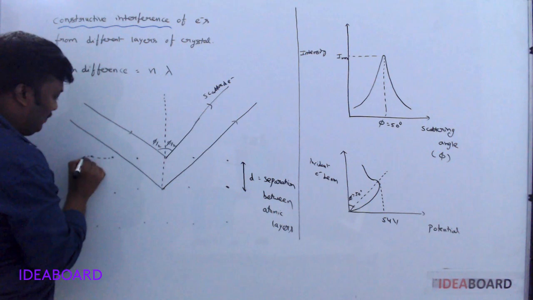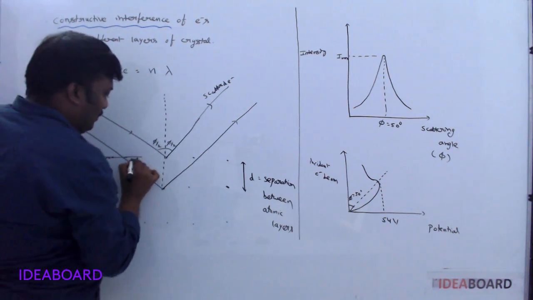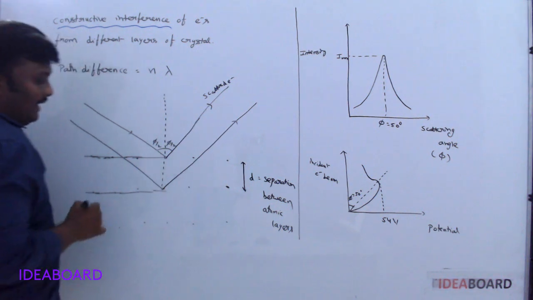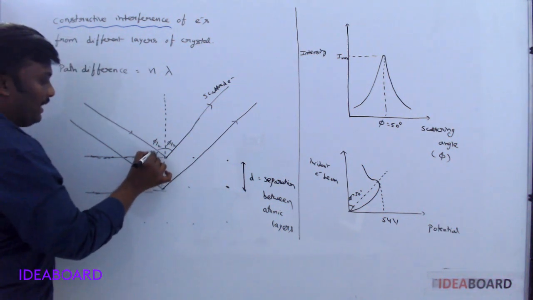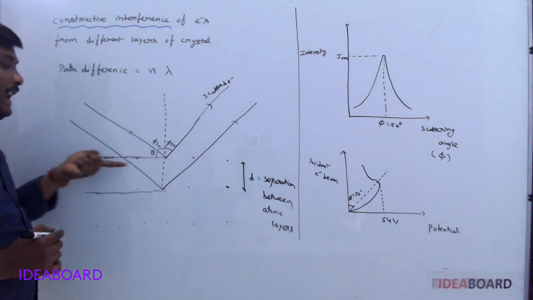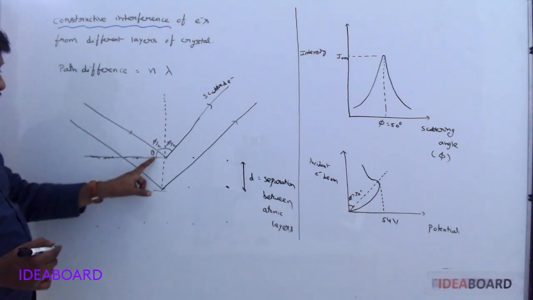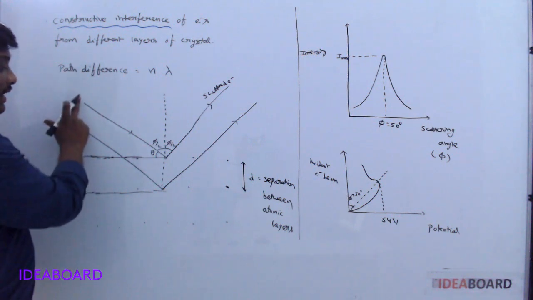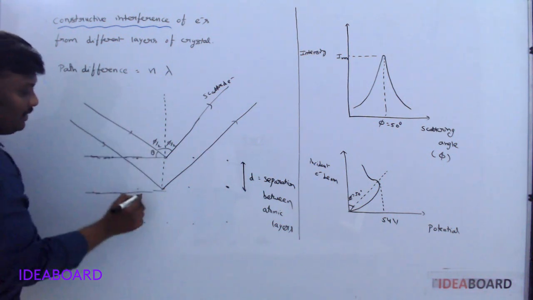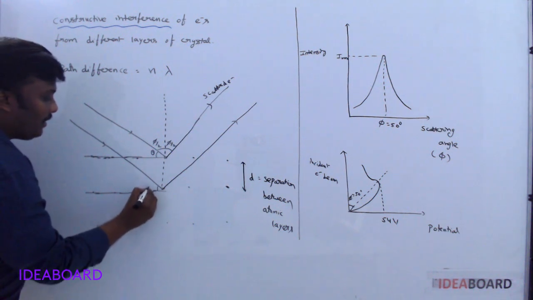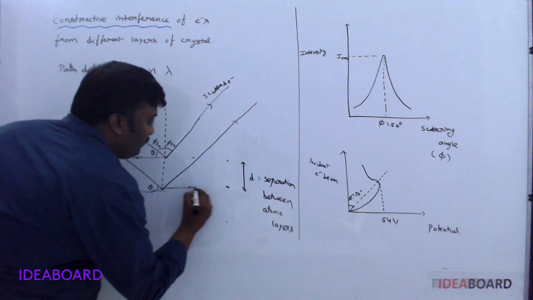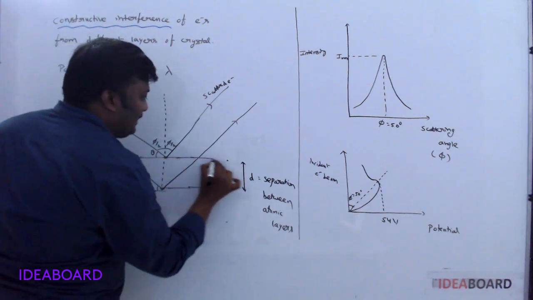Okay, now listen carefully. Let theta be the angle between the incident ray and the atomic layer. So this is also an incident ray, and this also makes an angle theta. Clear?